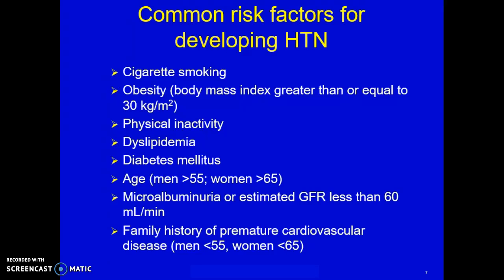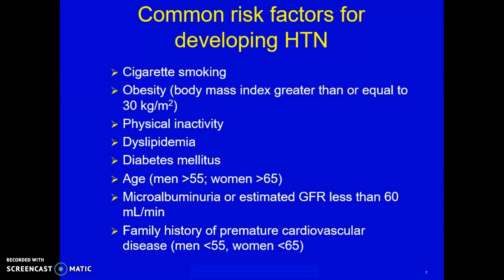Common risk factors for developing hypertension. These are all some that you've seen over and over again and contribute to many chronic diseases. Cigarette smoking is one. Obesity, again, a BMI that is equal to or greater than 30 is considered problematic. Physical inactivity.